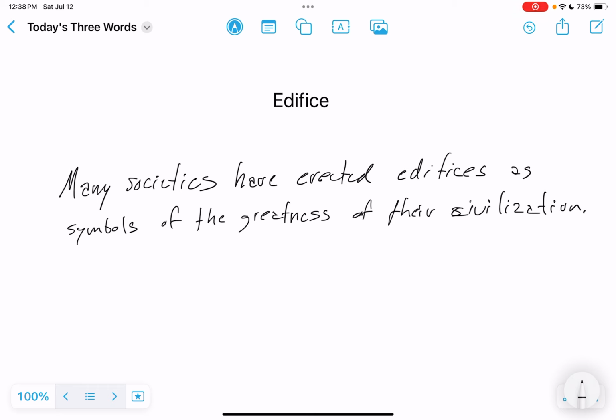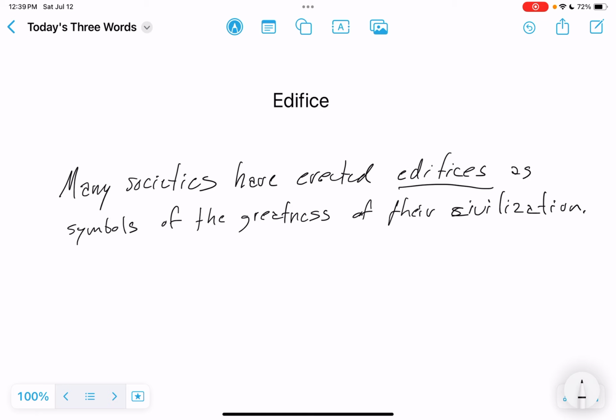All right, here is edifice. Now, edifice again means massive structures. You can imagine different societies have created these big monumental buildings. Like if you're in the United States, you can think of Washington, D.C., with the Capitol building and all those structures.